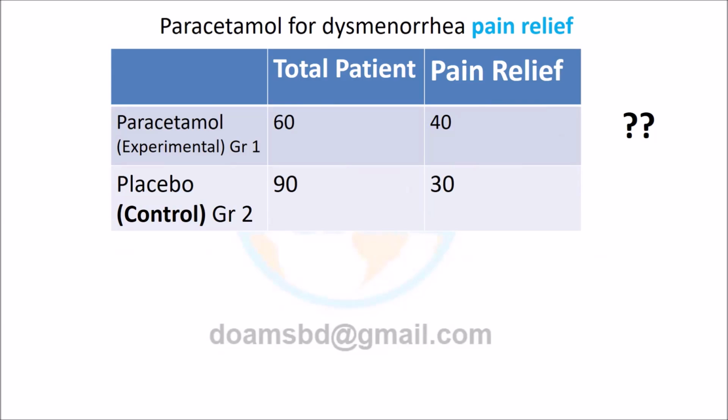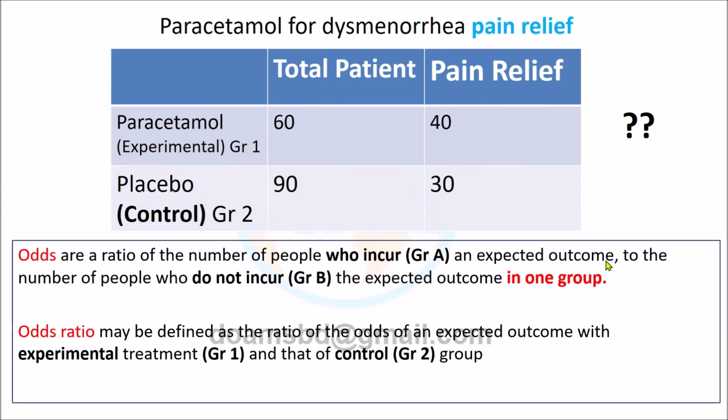The word will be utilized now. Odds of this paracetamol, odds of the placebo, separately we are thinking. That is odds of group 1: those who incur an expected outcome, the number of people, divided by those who do not incur the expected outcome.